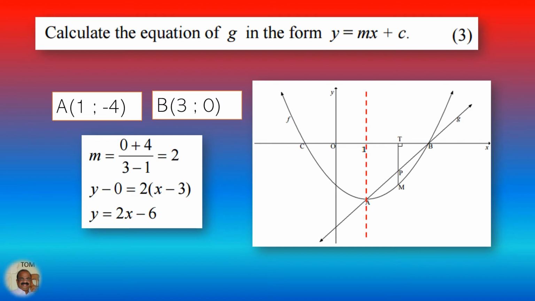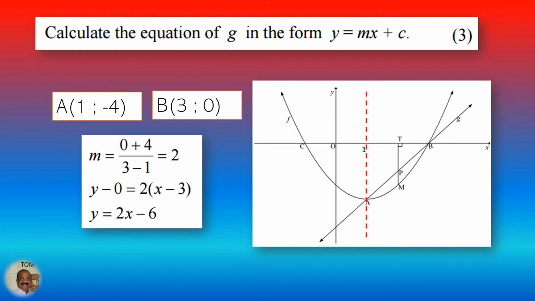Now the point, at least 1 point. We need only 1 point, but we have A and B here. We are going to use the point B because it was already available in the question. We calculated the coordinates of A, so better use the coordinates which are available in the question, that is B (3, 0). So y minus y1 equal to m times (x minus x1).